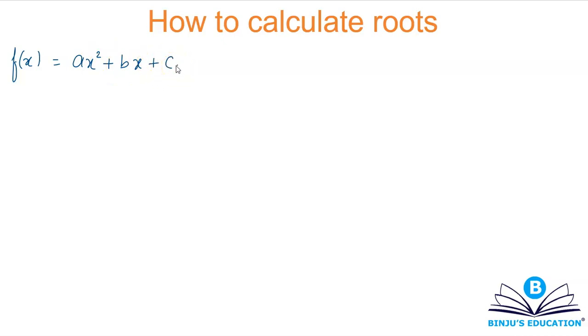These things stand for something, and we'll discuss them in the basics of functions. In this case remember that a is never equal to 0. So your quadratic function is in the form ax² + bx + c. If you want to calculate the roots, there are two ways. First is by using the formula.